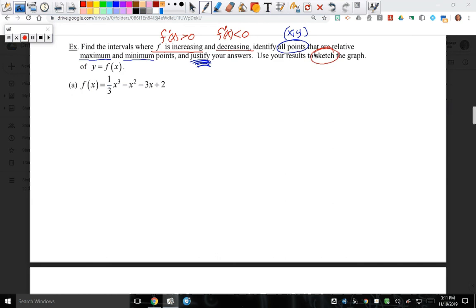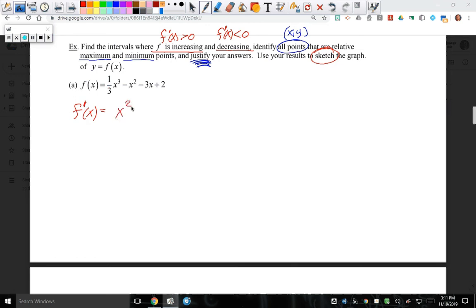Okay. So let's go through the steps. Break it down piece by piece. What should I do to see when it's increasing or decreasing? Anyone? Find the critical points, and that means to do what? There you go. So find the derivative, set it equal to 0 or undefined. The derivative, everyone, is what?